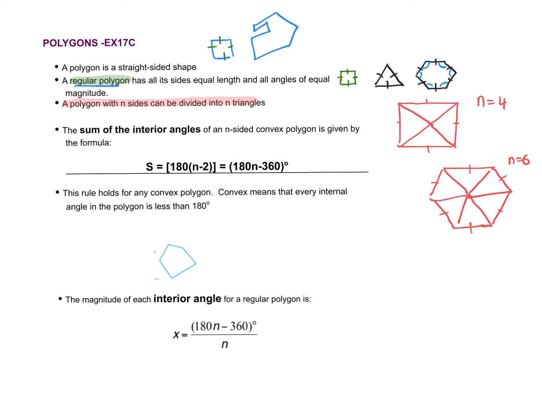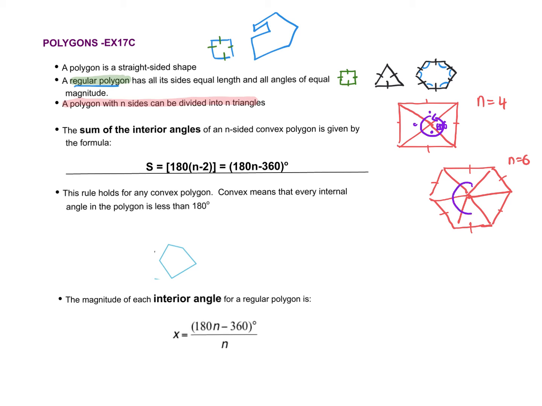And why is that important? Like we were talking about yesterday, if you've got a full circle, you've got 360 degrees. So for these 4 triangles, you've got 360 and you divide it by 4, and therefore this top angle is 90 degrees up there.